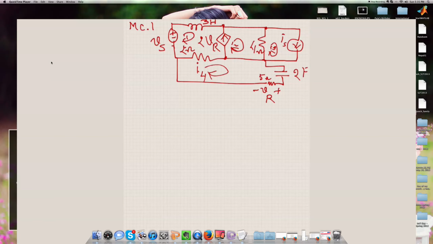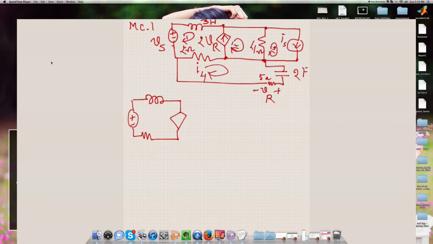Now, we could redraw this circuit to make it look a little bit better in this way. We have 3 Henry here, and we have the diamond here. The supply, of course, is here, voltage supply plus minus VS. Now, the nodes up here, these 2 nodes, actually all of this is one single node.